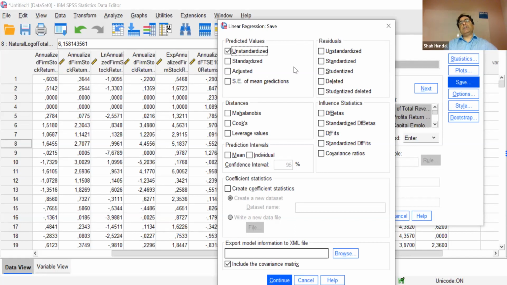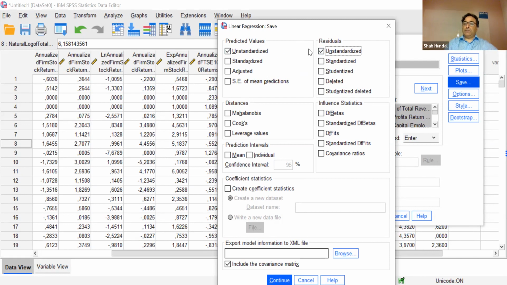But you may be interested in knowing what would be the theoretical value of the whole column of debt to equity ratio. Then we can click the unstandardized predicted value. And then here also we can find the unstandardized residual value. Basically, the residual value is the difference between the actual values and the predicted value.